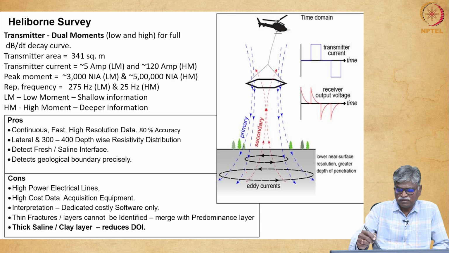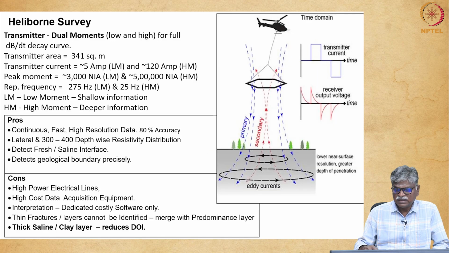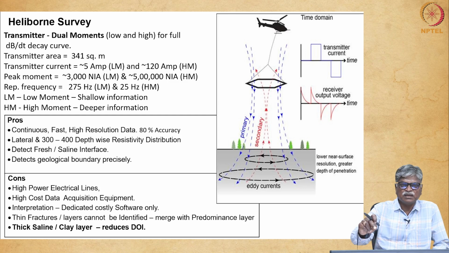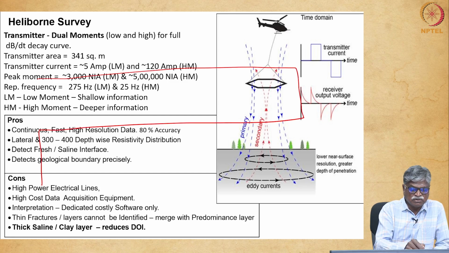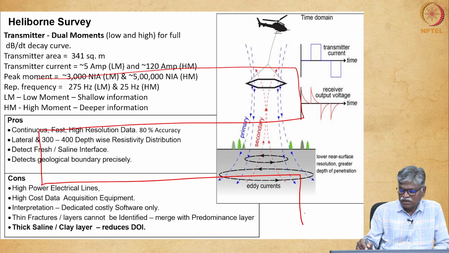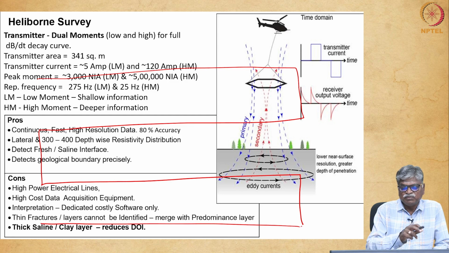It is the same TEM; it is carried by a helicopter, carrying the same loop, flying like that, again going like that, again going like that. So there are so many tracks it will take. So the bigger the area, the more easily it will trace.